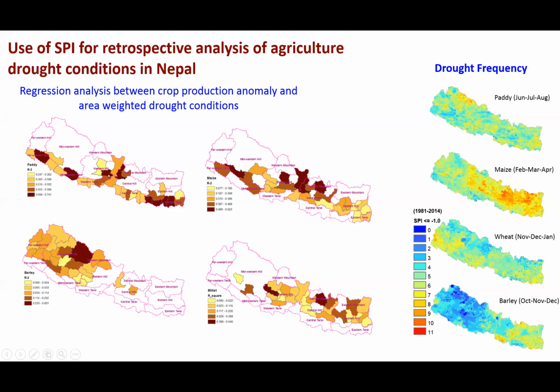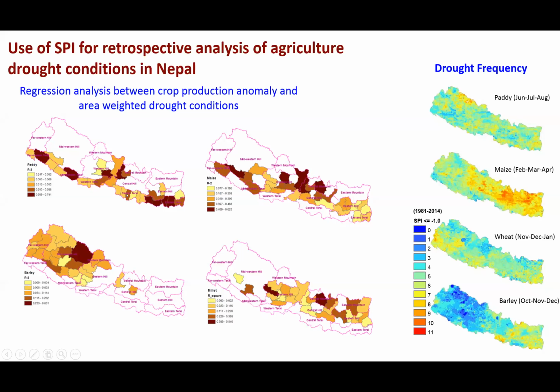Similarly, we looked at the production regression with the drought severity. We can see there are some districts which have a higher relationship. It means they have high dependence on precipitation and are more vulnerable to drought.